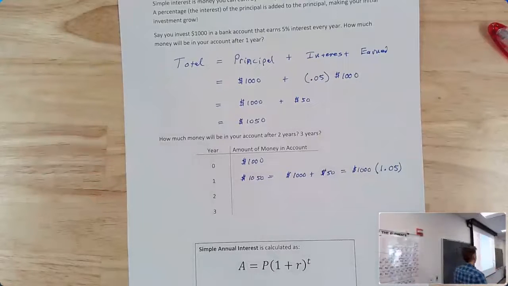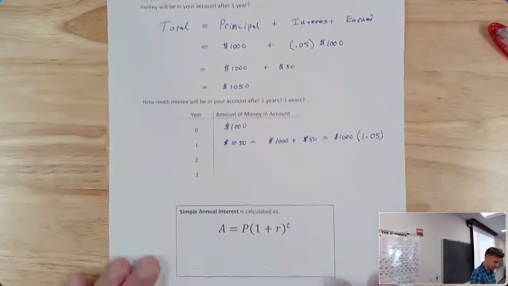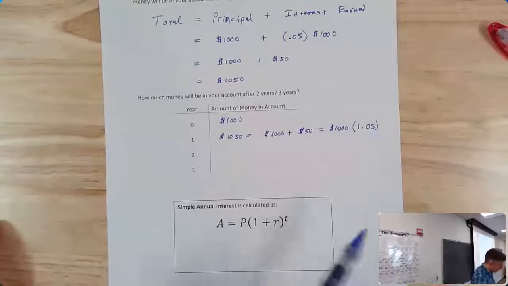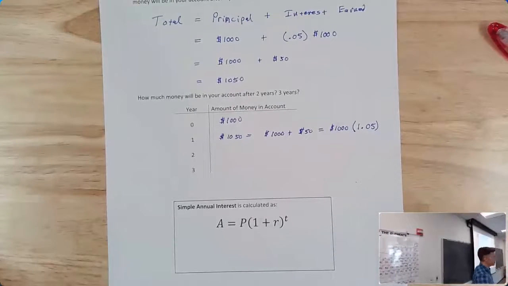Now, here is where the calculation gets more interesting. How much money are we going to have after 2 years? So October 10th, 2023, we have $1,050. And now we're going to say that is all our money. We're going to leave it in the bank, right? The bank paid out our $50 of interest on October 10th of next year.